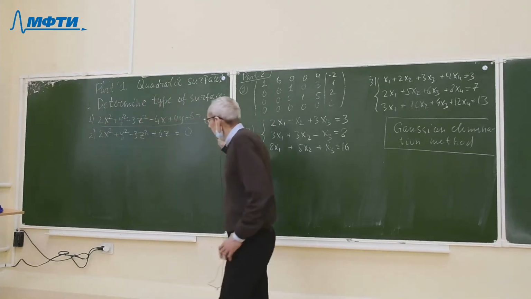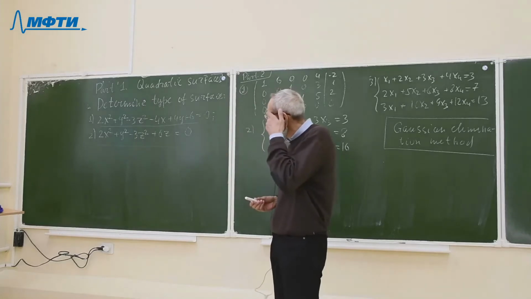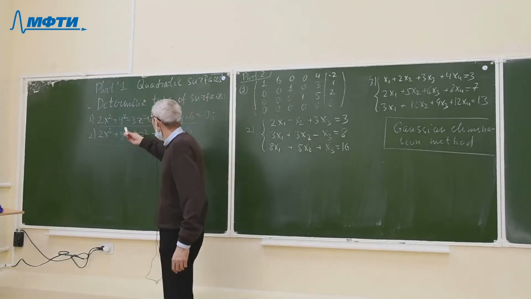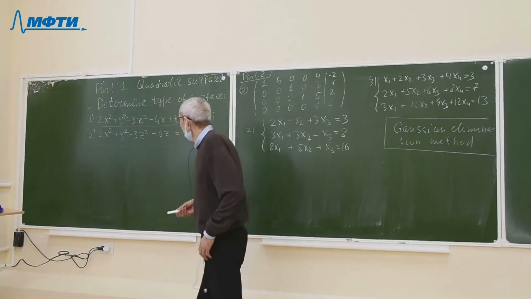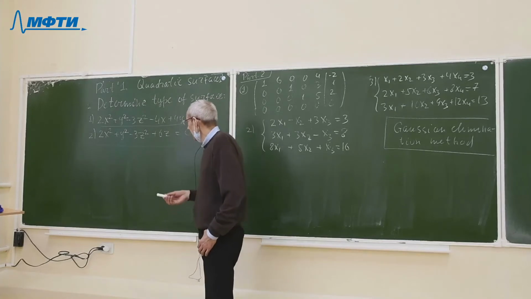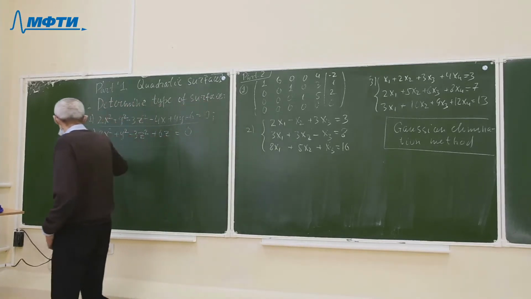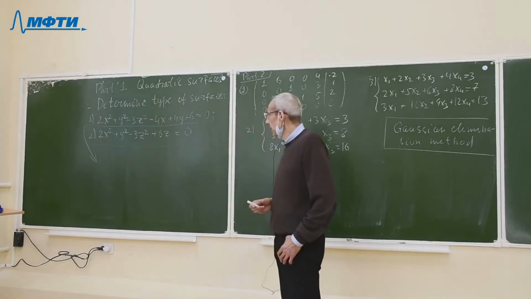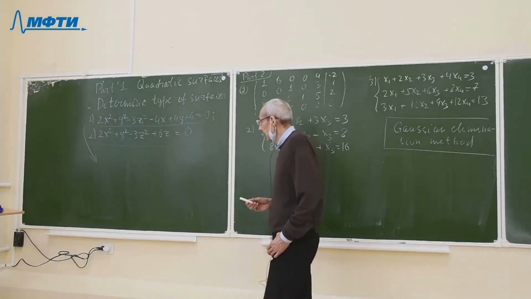We have some canonical equation for the surface, but in this case we have a quadratic term and a linear term, and the idea is to reduce such a form to the canonical form.